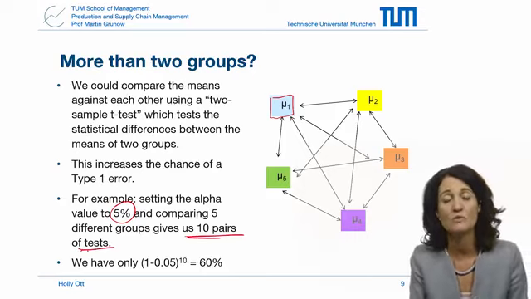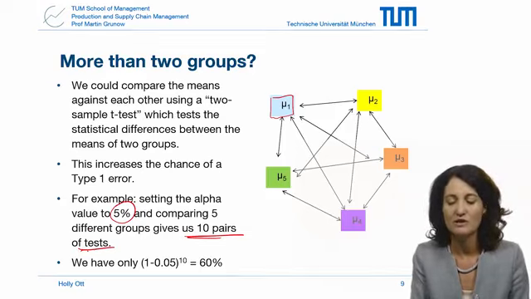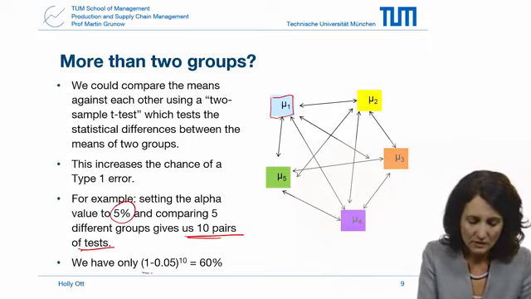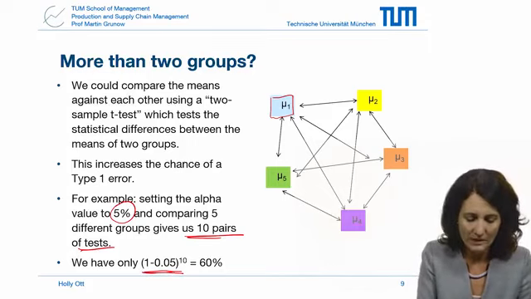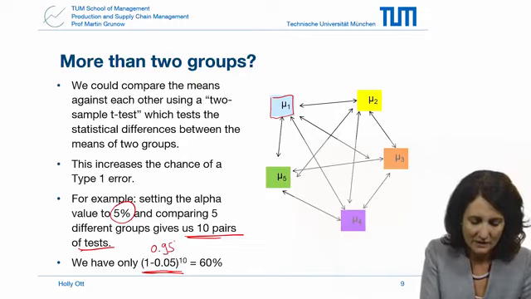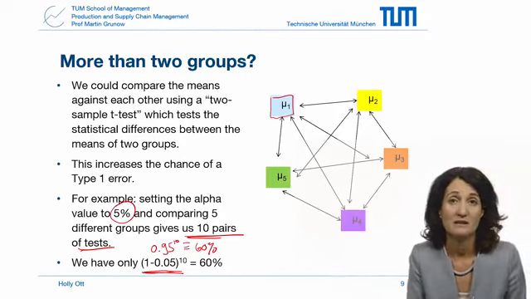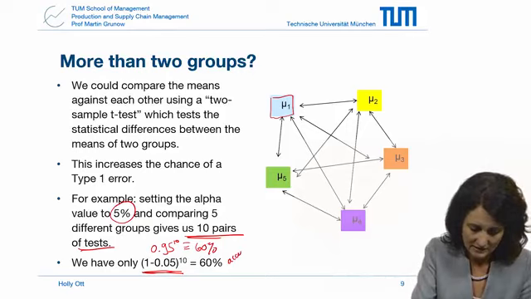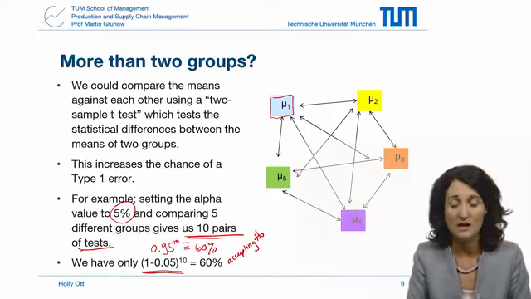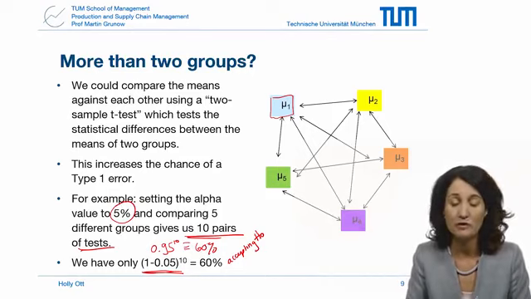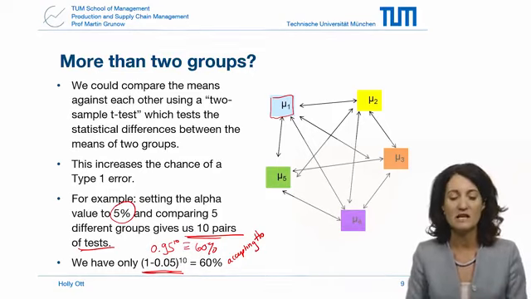So 1 to 2, 1 to 3, 1 to 4, 1 to 5, 2 to 3, 2 to 4, 2 to 5, etc., etc. And then this is going to be 0.95 to the power of 10, gives us about a 60% chance of not having a type 1 error, and that's not acceptable. Just performing t-tests ad infinitum is not going to help us.